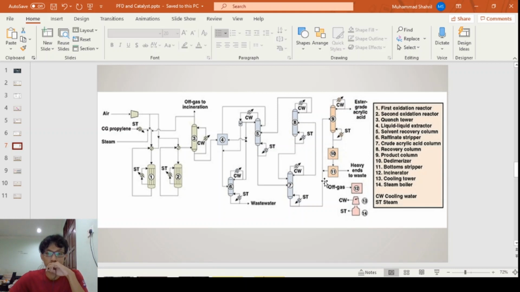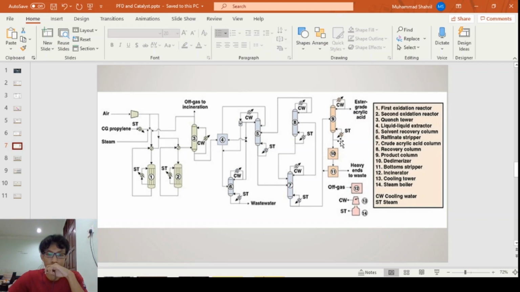In the purification area, the concentrated acrylic acid stream from the crude acrylic acid column, number 7, is fed to the product column. The product column is number 9 here. In this column, ester grade acrylic acid is obtained as the overhead product.